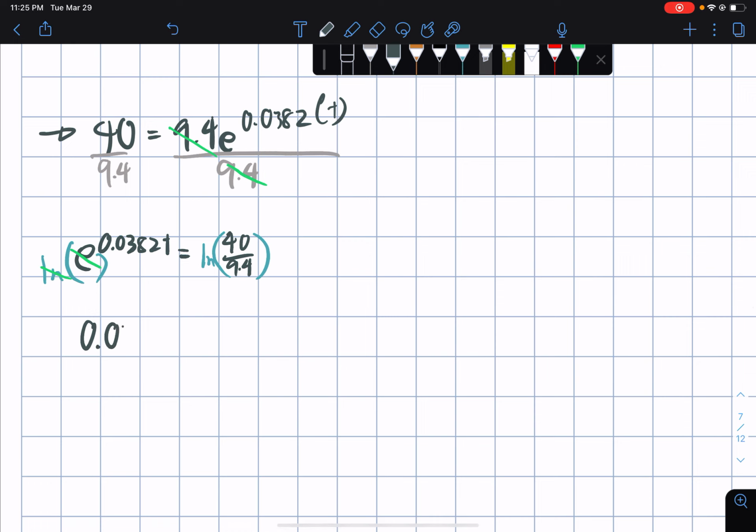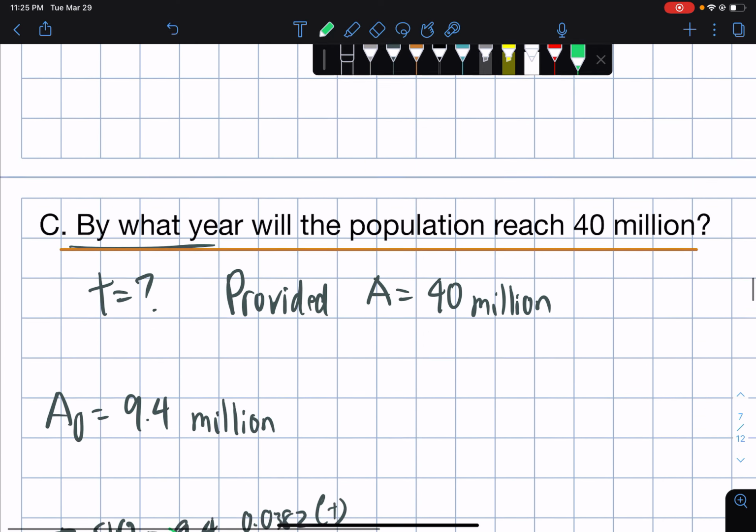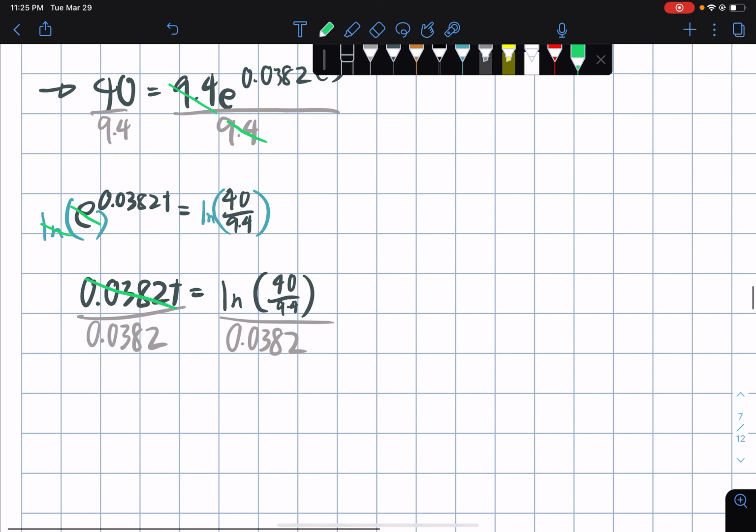So we end up with something like this. Divide both sides by 0.0382. Oops, I'm sorry about that. Cancel. T is equal to ln of 40 over 9.4, over 0.0382.